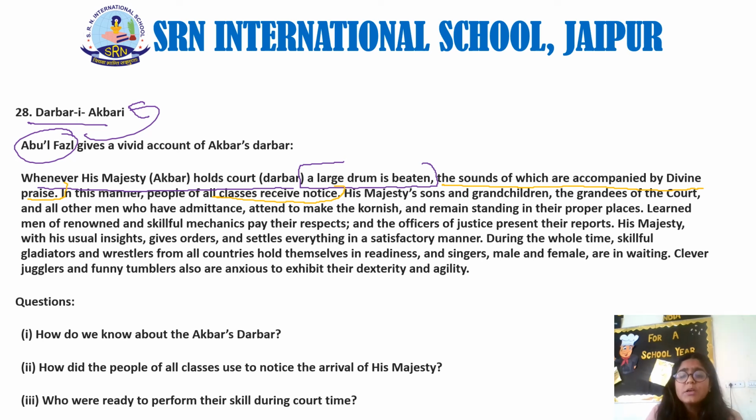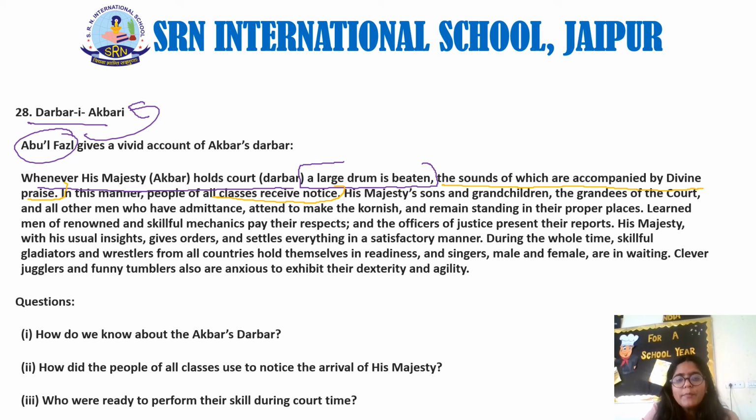So there used to be a large drum which was beaten, accompanied with divine praise, as we have seen in the movies also, where they announce that this and this person is coming. In this manner, people knew that the darbar was already decorated, and now more programs would be conducted. Now the next question.